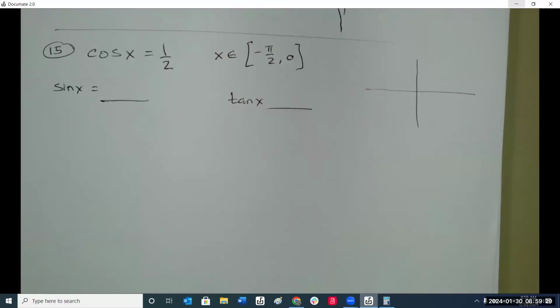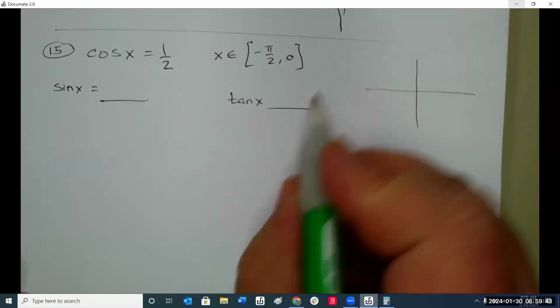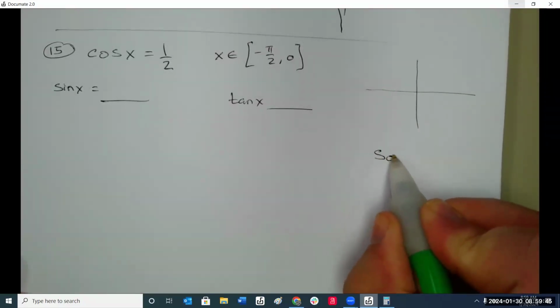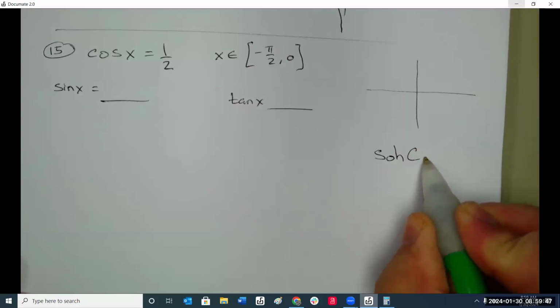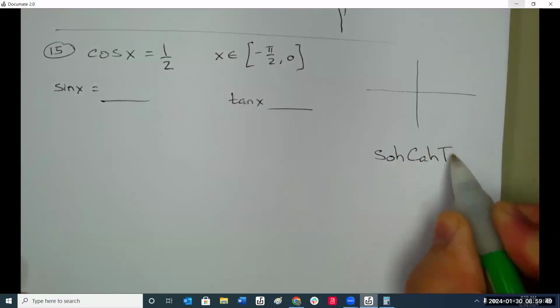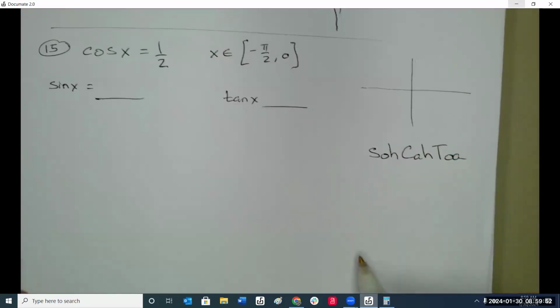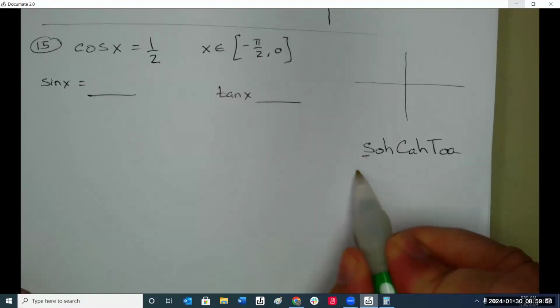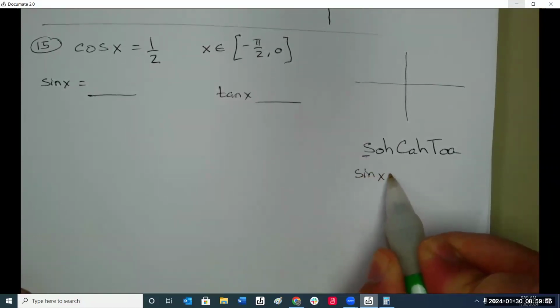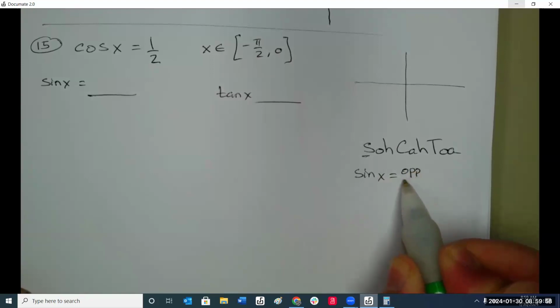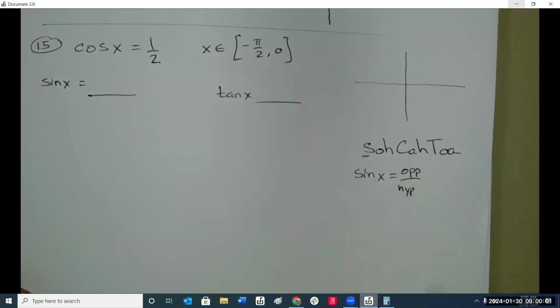So, when you look at cosine, you look at like x over h or something. Ah, okay. What is that? What is that little small saying that we learned in trig? SOHCAHTOA. So, Sine x equals opposite over hypotenuse.